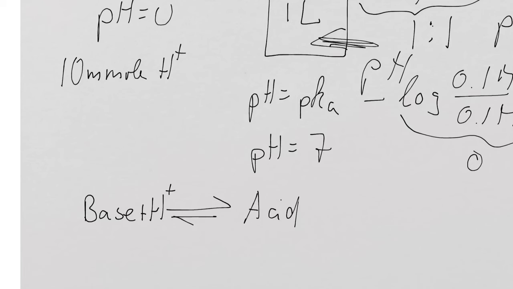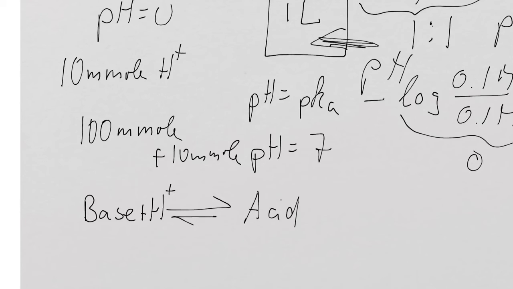What is the consequence for the base? If we start with, say, 100 millimole of base, we add 10 millimole of the protons. How much of the base do we have left? We have 100 millimole of the base.